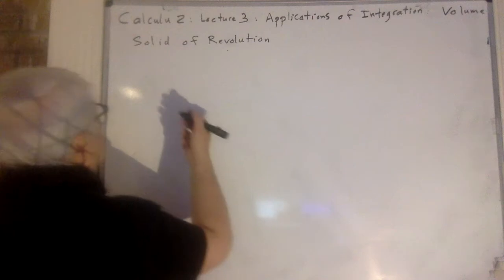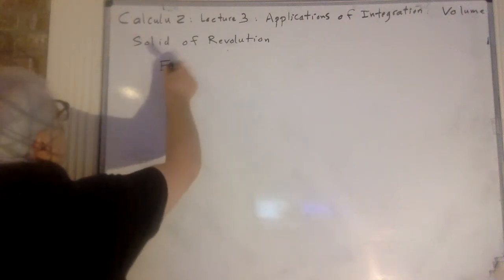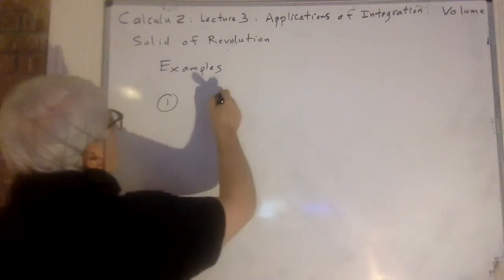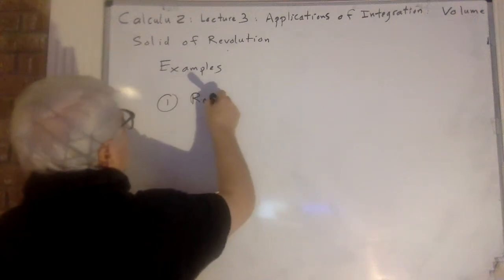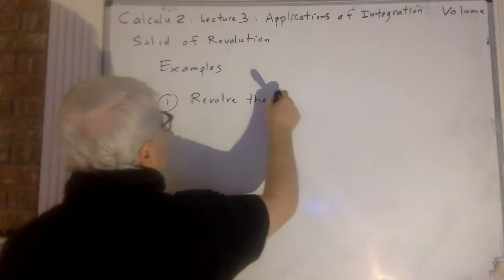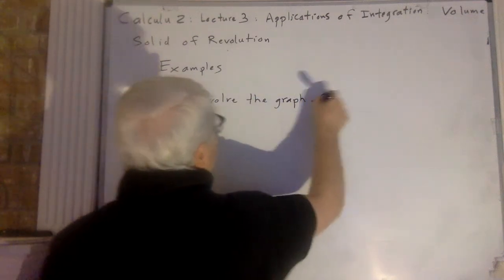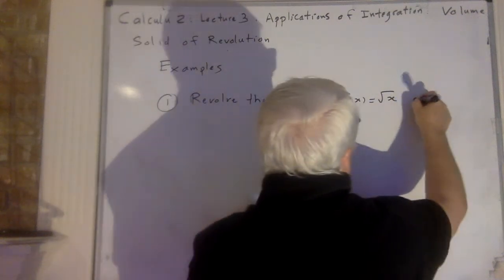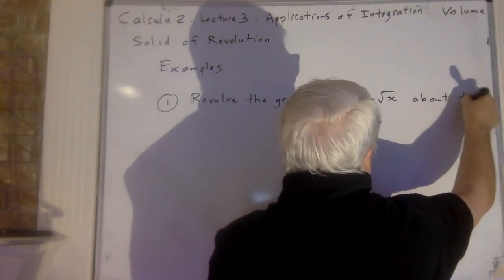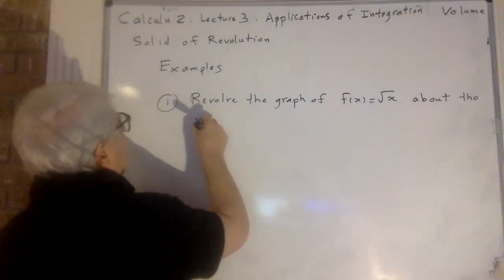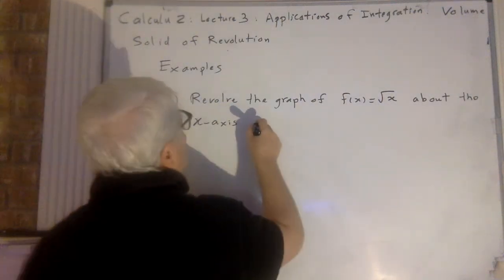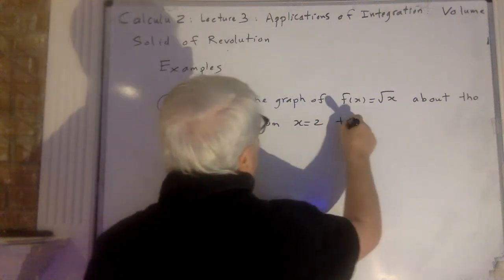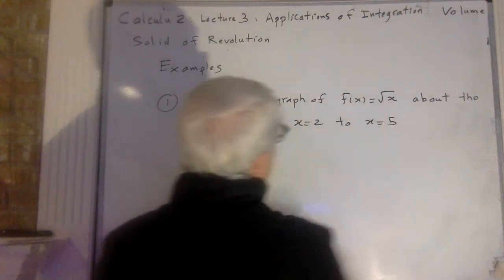Okay, now examples. One, let's say we revolve the graph of f(x), square root of x, about the x-axis from x equals, say, 2 to x equals, say, 5.